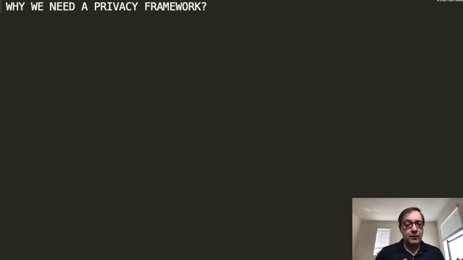So why do we have these new guidelines appearing, right? And it seems that more will come. Do we really need a privacy framework? Well, the world is changing, as you know. The internet and information technology are changing the way we do things, the way we communicate, the way we work, the way we shop, and so on.